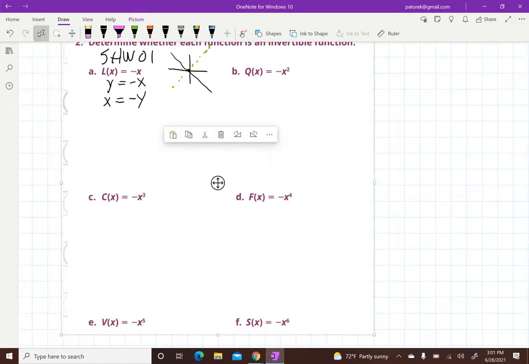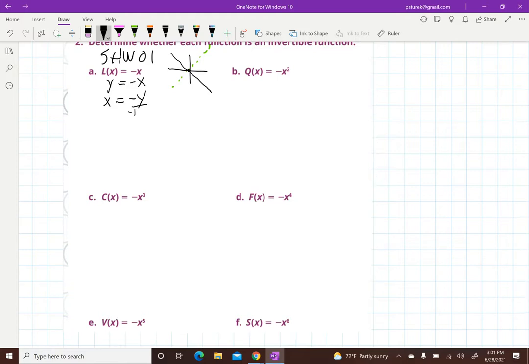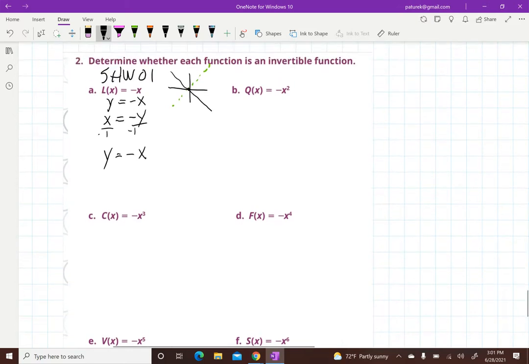And so for that, I would divide both sides by negative 1. And that gives me y equals negative x. Now, this is the inverted original function. So it is invertible, yes, and its inverse looks identical to the original function, interestingly enough.